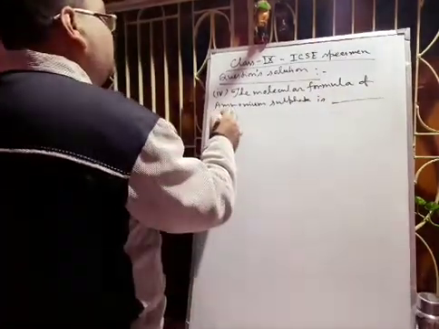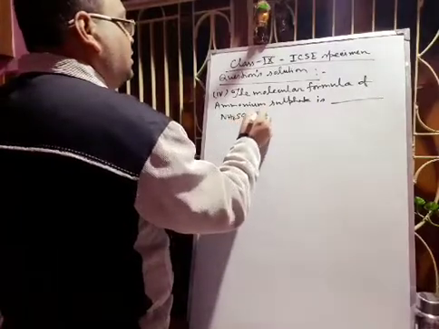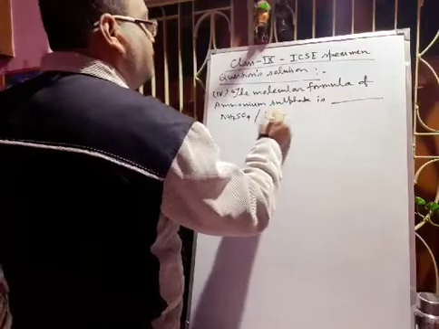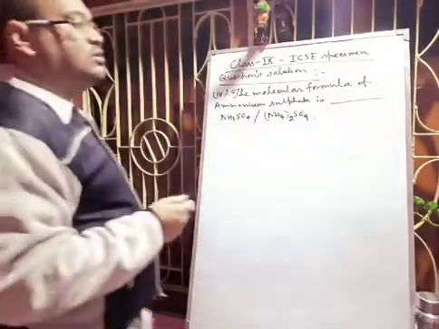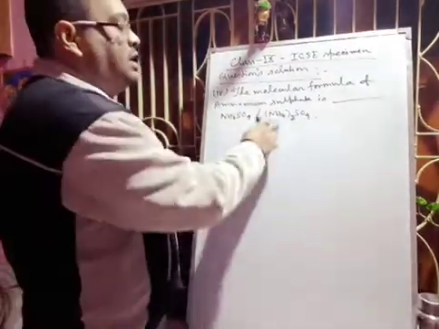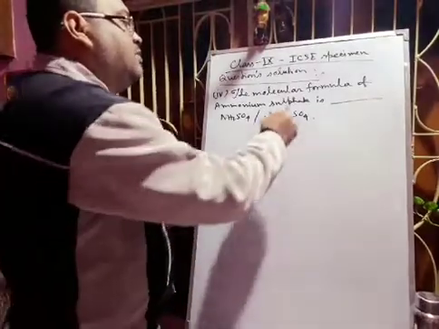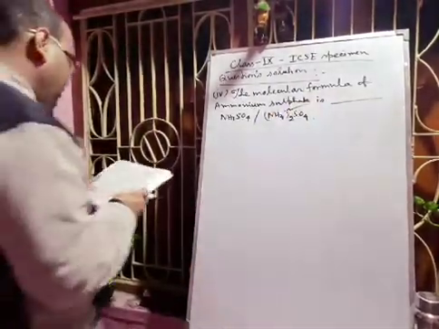Options are given: NH4 SO4 or (NH4)2 SO4. Now here you have to apply the crisscross method. Ammonium valency is 1 and sulfate valency is 2. Definitely its formula will be (NH4)2 SO4.